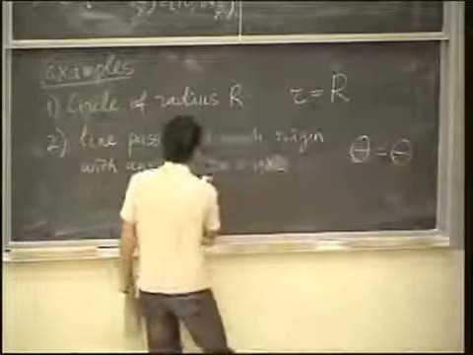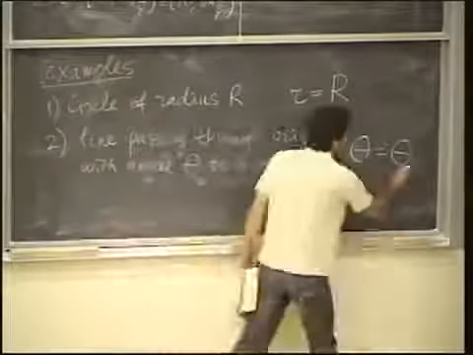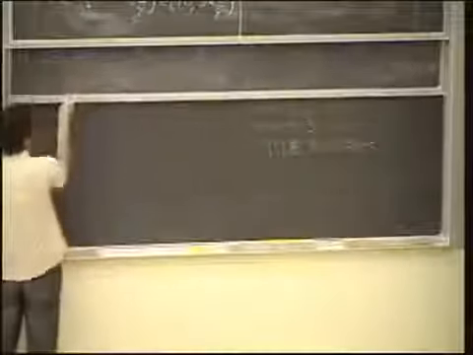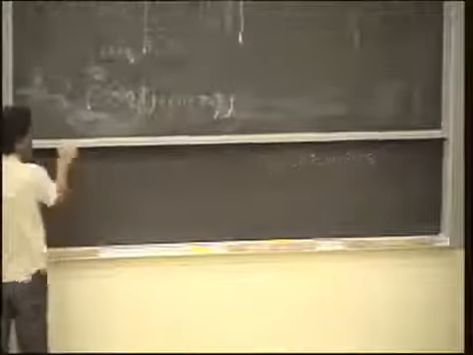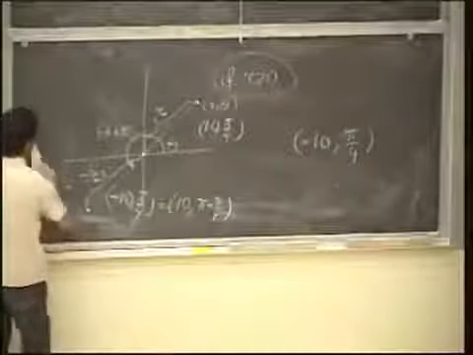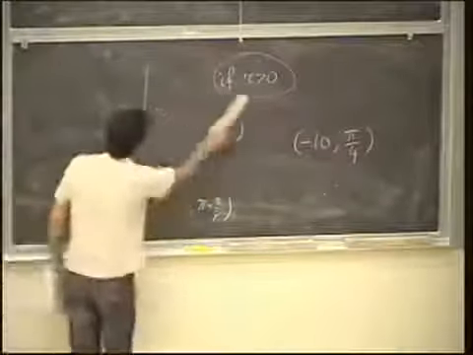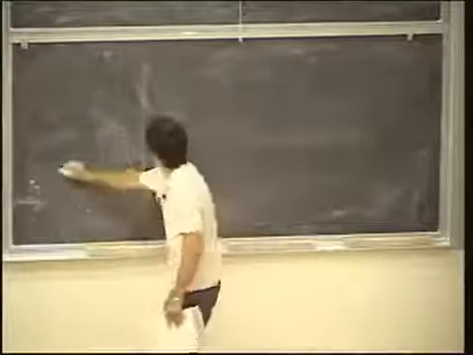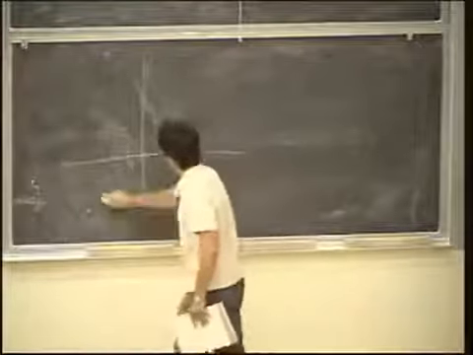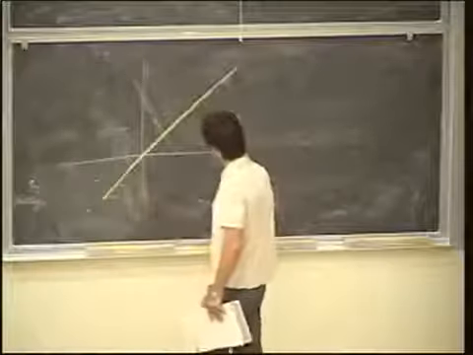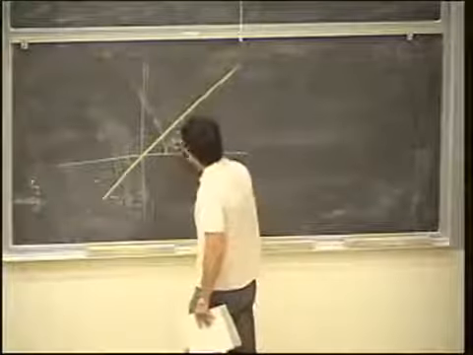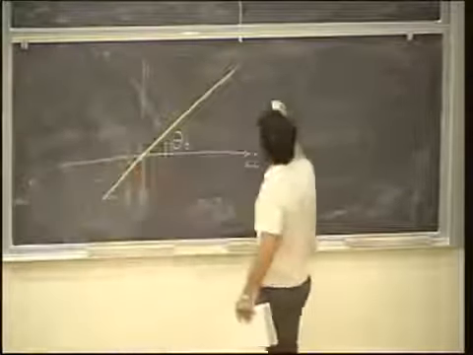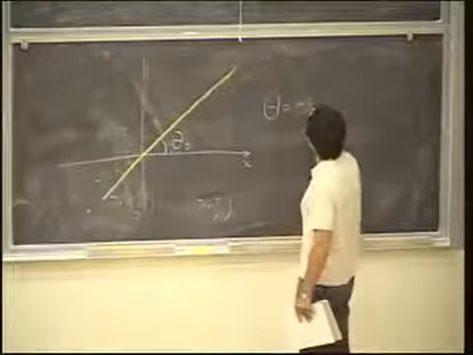Angle theta 0, say. What I mean to say is that this line, which forms angle theta 0 to the x-axis, is described by the equation theta equals theta 0.